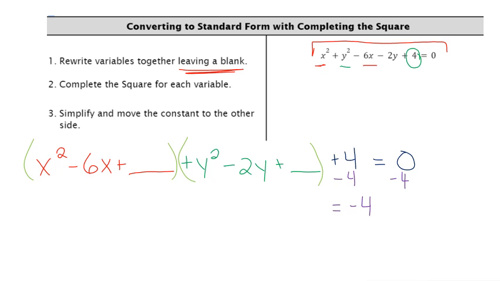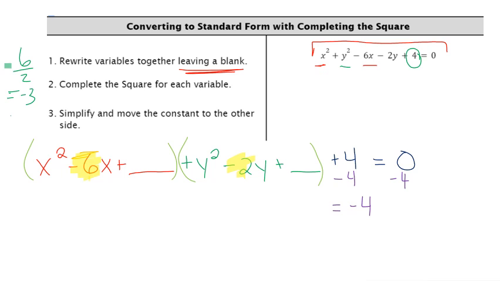So just a reminder, when we did that in semester 1, we basically take our b value. So in this first one we got negative 6. We divide it by 2. So I'm going to do negative 6 divided by 2. I get negative 3.